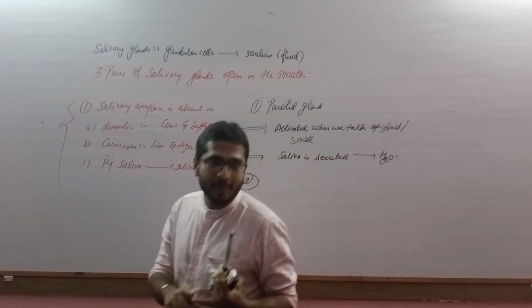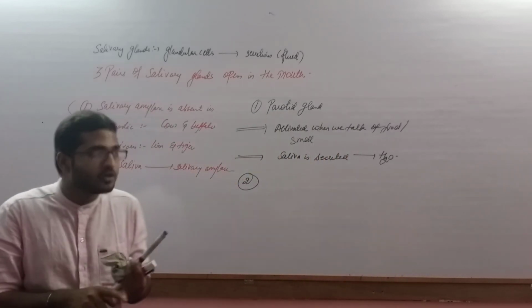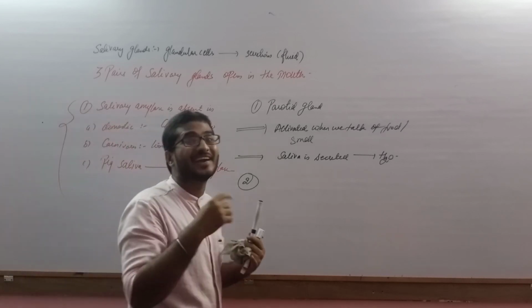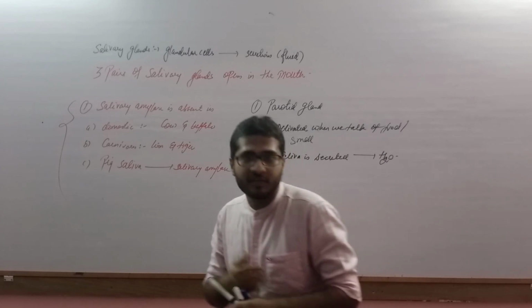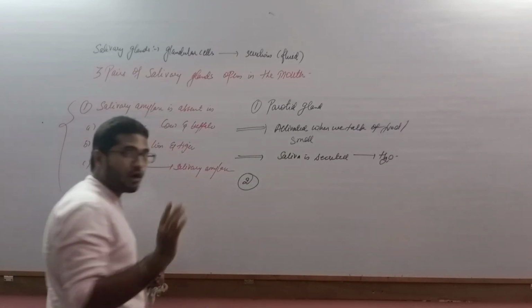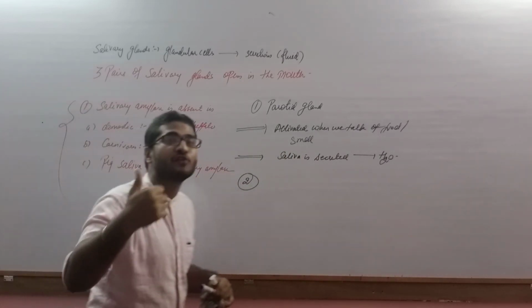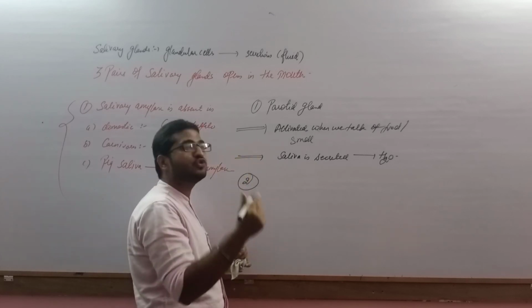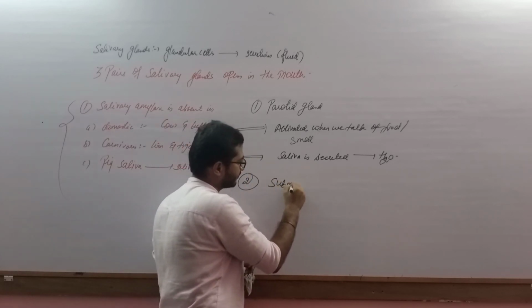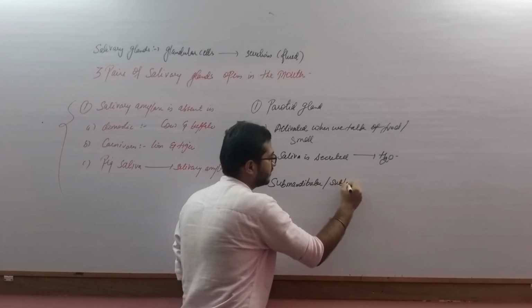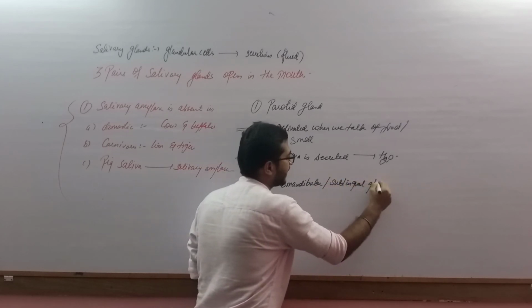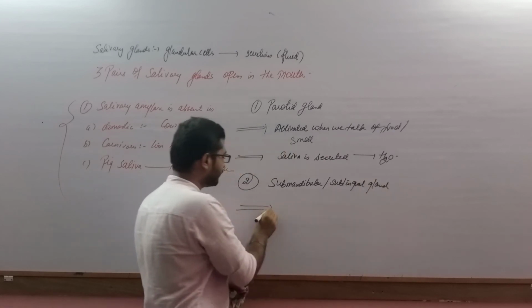When there is no anticipation of food, we are not smelling or talking about food, saliva is still secreted, and it is very thick. That is because of the activation of the other two glands, the submandibular gland and the sublingual gland.